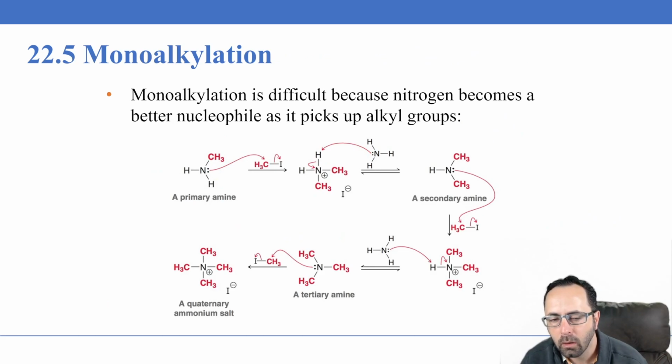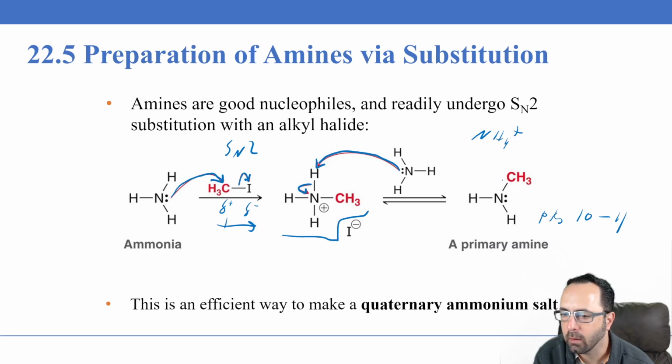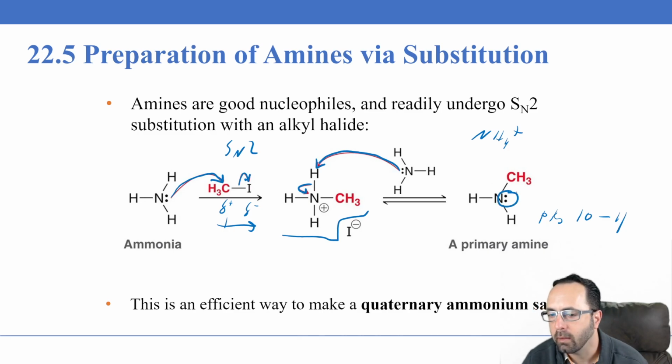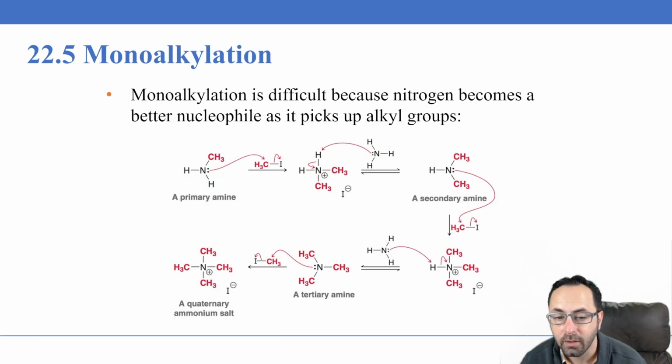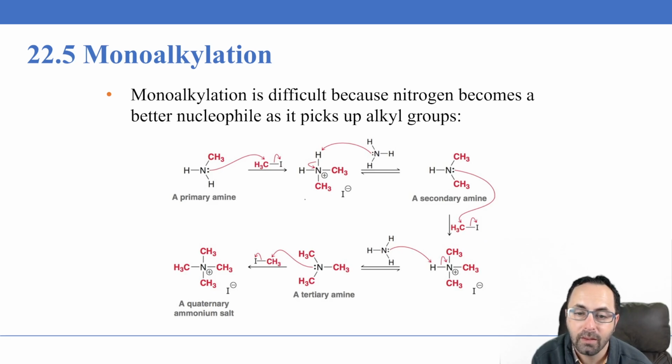So one issue with alkylating in this way is that when the alkylation is complete, going back, this primary amine still has this lone pair, and it can still function as a nucleophile. So if you have an excess of methyl iodide, or whatever your primary alkyl halide is, you're going to get a nucleophilic attack again.